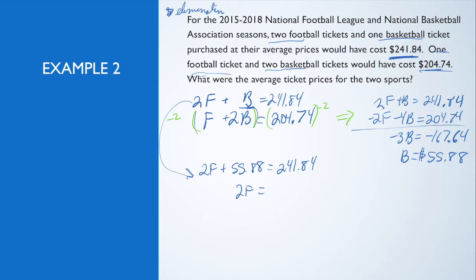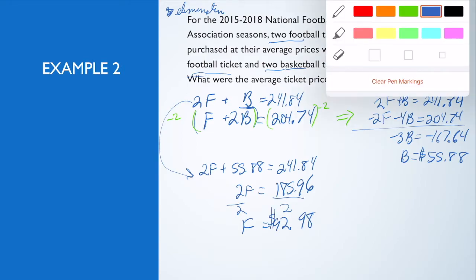This is the sound of me getting out my calculator. So I've got 241.84 minus 55.88. That's 185.96. And I go ahead and divide that by 2. So I get that the average cost of a football ticket was $92.98.